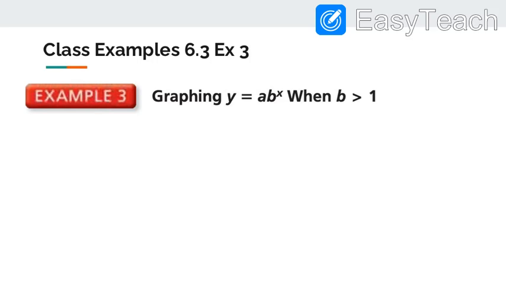Here I want you to go on Desmos and get the practice of graphing an equation that looks like the following. So go ahead and graph y equals 3 times 3 raised to the x. Once you have that on Desmos, sketch a graph in your notes.